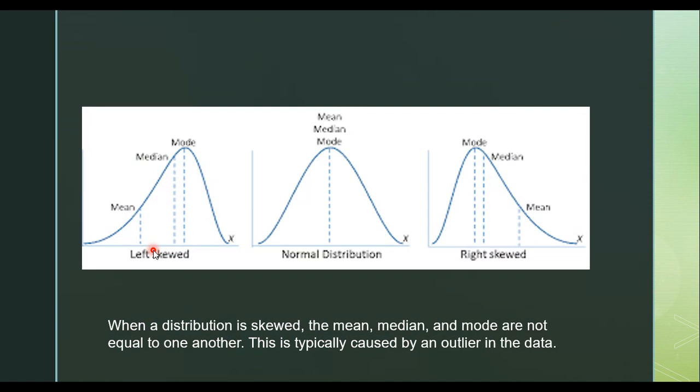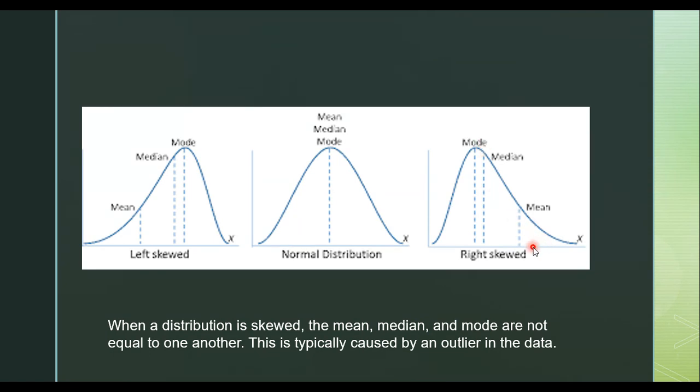Something to look at as well, this is just the curves of those box plots, right? If something's left skewed or negatively skewed, notice that the mean is really low, median's in the middle, and the mode is higher. For normal distribution, mean, median, and mode are all equal. And for the right skew, the mode's the highest. It's the opposite of the left skew.